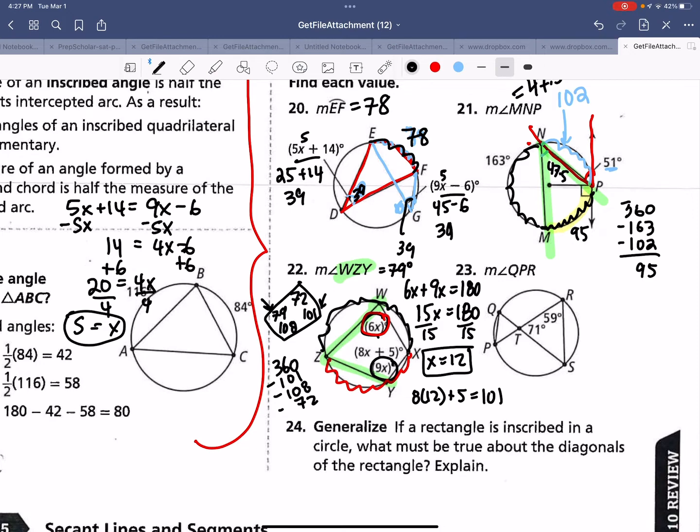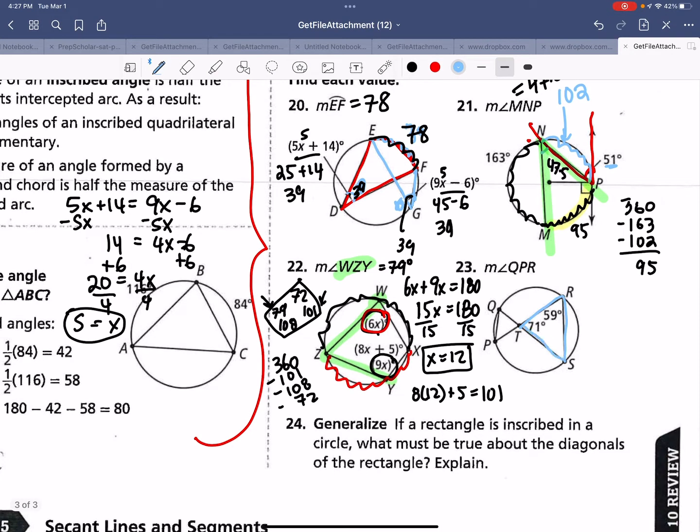Whew. Okay, what about this one? We see a triangle. We know that's 71, right? And then we know this one would be what's left over from 180. So 180 take away 71, take away 59, we get 50.